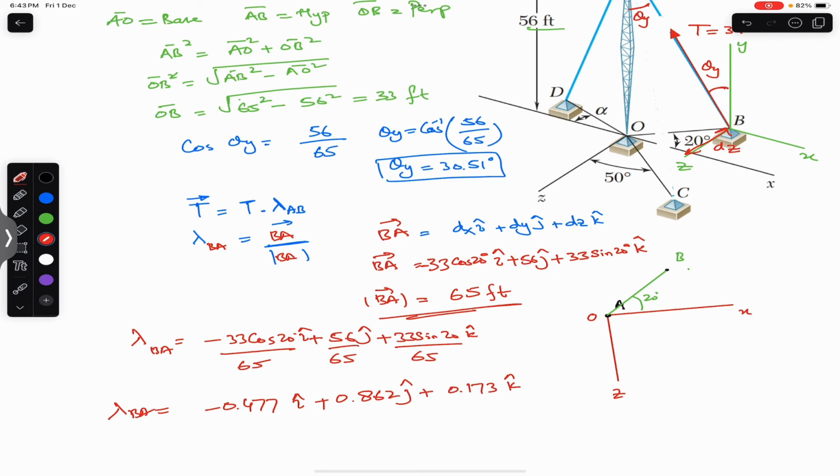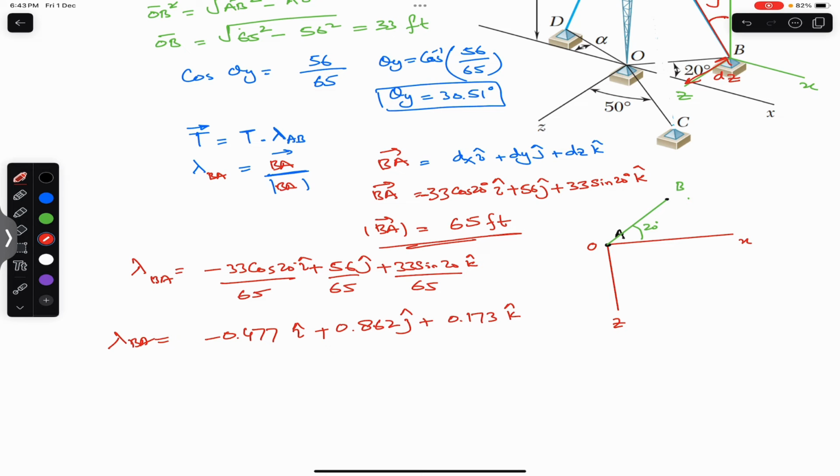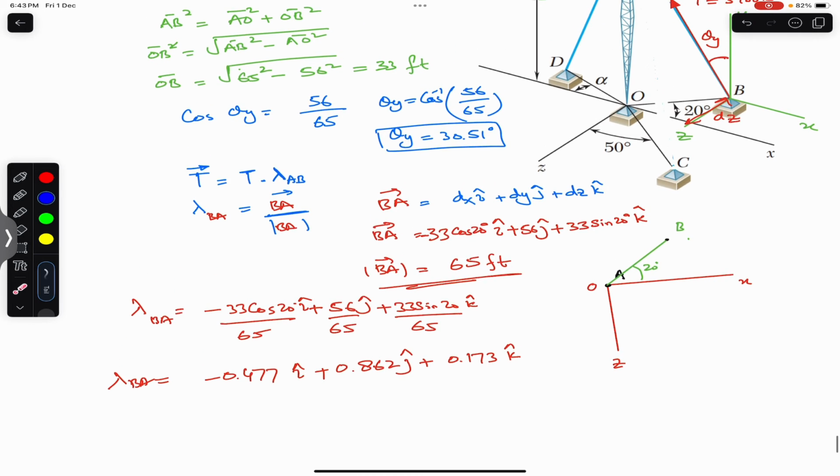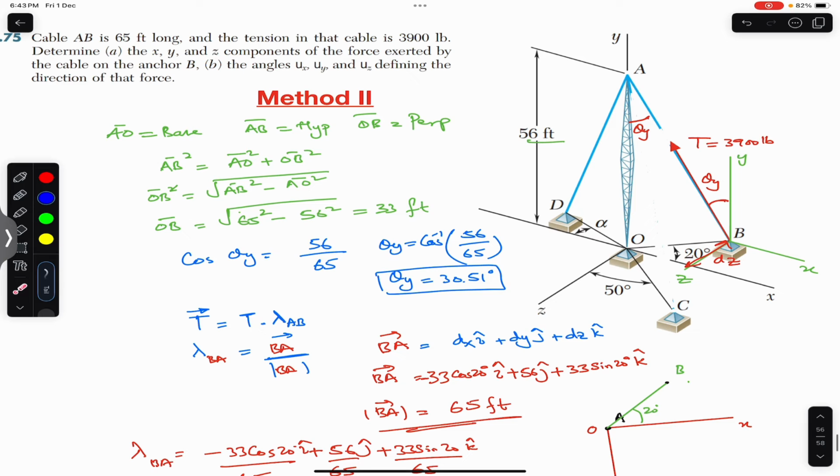Now the unit vector always tells us the direction of any given force. So this is the unit vector of the force that is applied by this cable at point B.